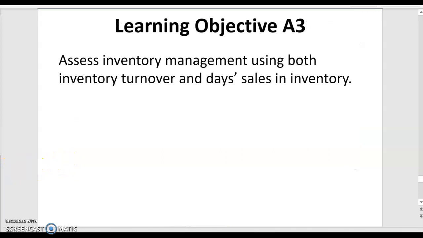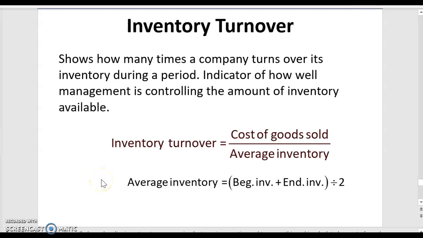And now let's take a look at inventory turnover and days sales in inventory, another one of our analyses that we'll take a look at. The first one shows how many times a company turns over its inventory during a period. It tells us how well the company is controlling the amount of inventory available. It costs money to have inventory, right?